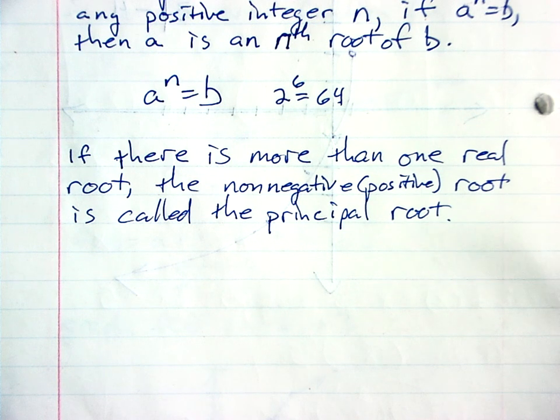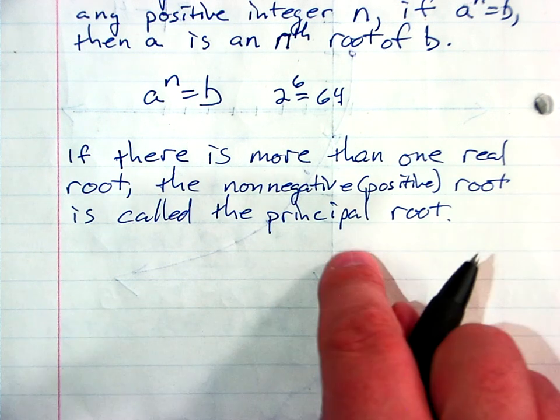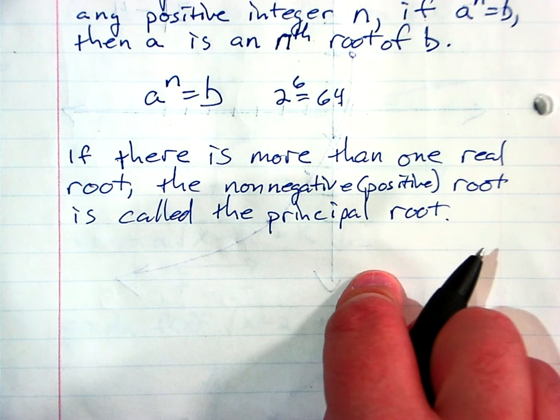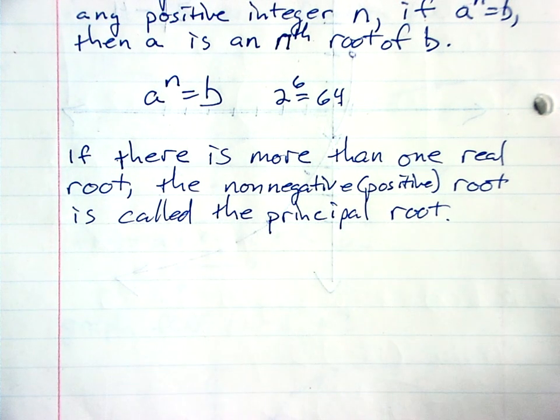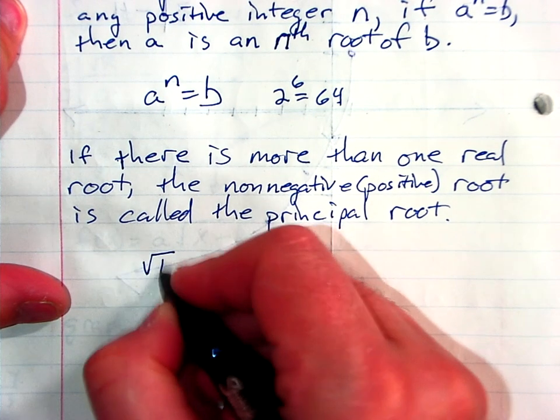I think this kind of principal is like the leader of a school, or the primary. So, for example, if I had the square root of 16, what is the square root of 16?